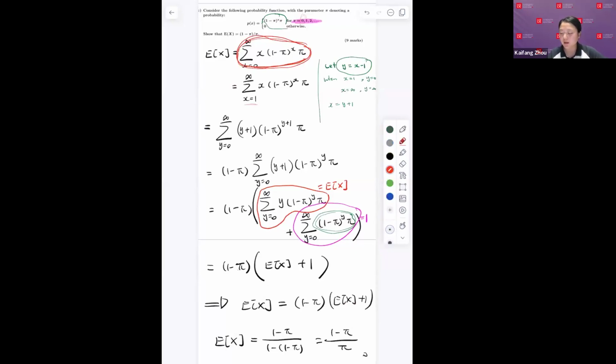Next, you should identify that you need to decompose this summation into two summations. Then you use the fact that the sum of the probability equals 1 to get the second summation equal to 1, and you should recognize the formula we use to compute the expectation of a discrete random variable.